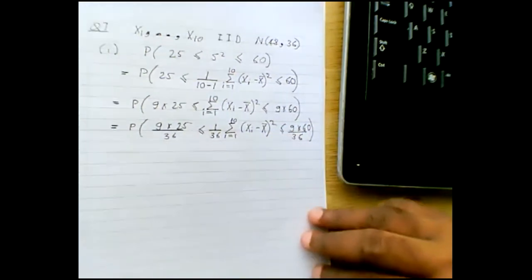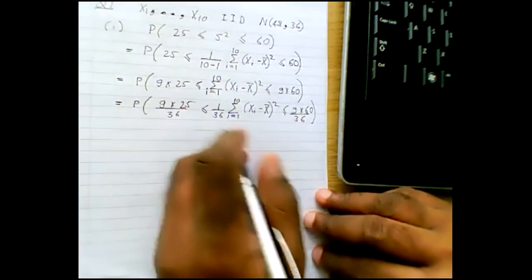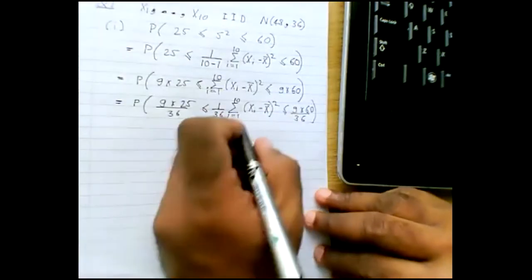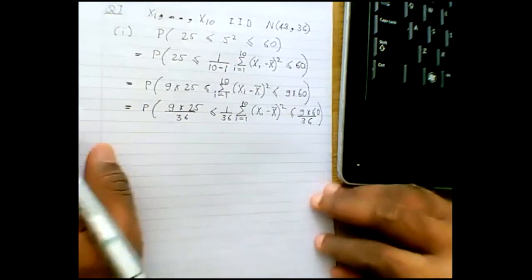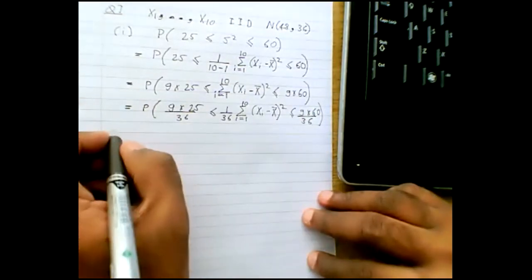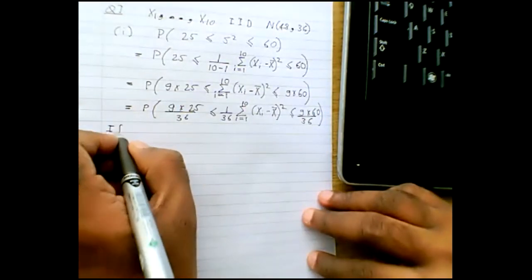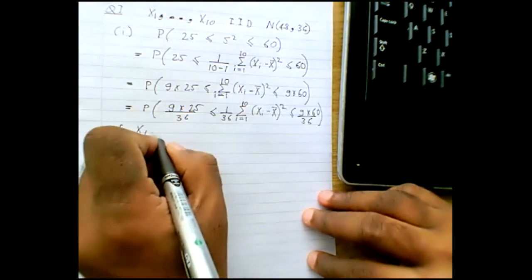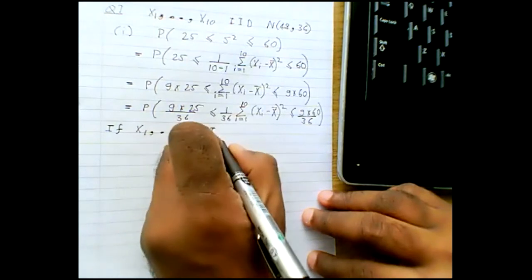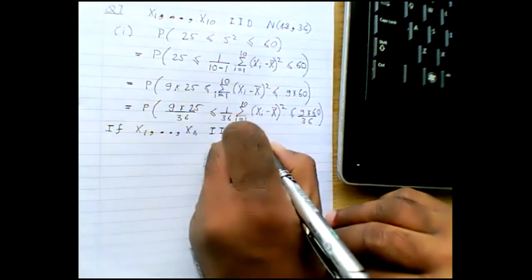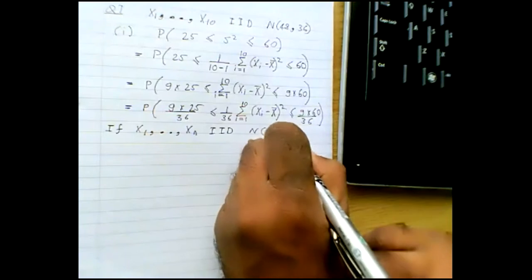Right. Now, can I ask you something? What do you know about this? Do you know something about this? It's a property that I talked about in the video on chi-square distribution. Okay, let me write it down if you don't remember. If you have a random sample x1 to xn, which are IID from a normal variable with these parameters, right?